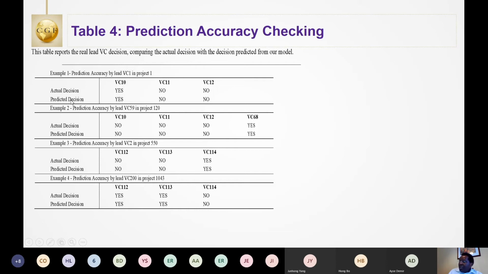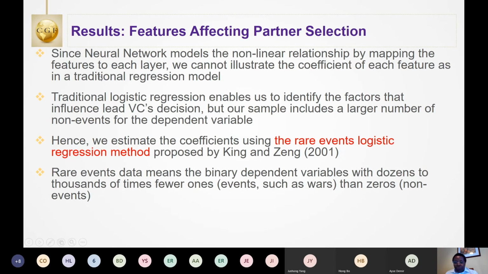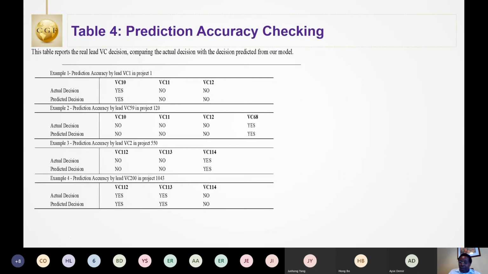Okay. In the example we see portfolio firm 1, which is initiated by VC1 and co-invested by VC10.